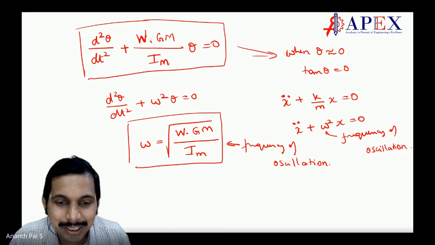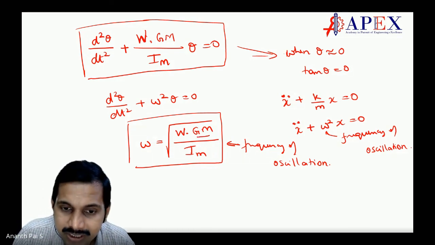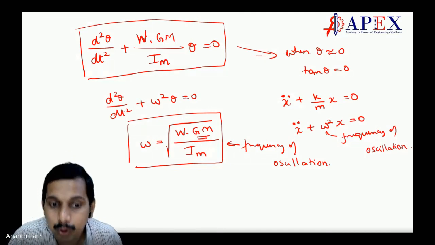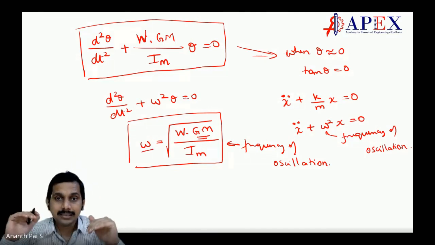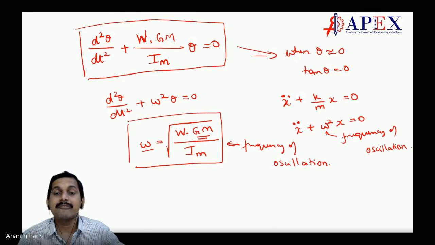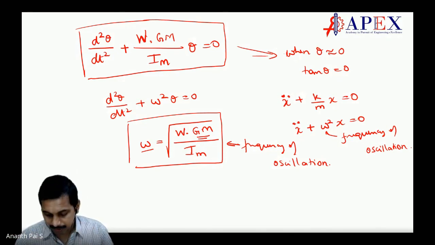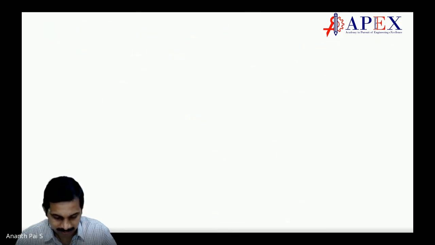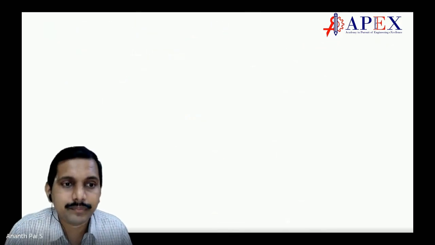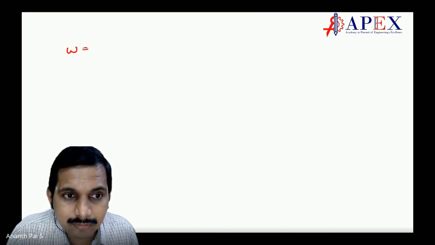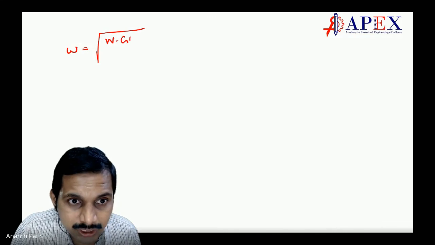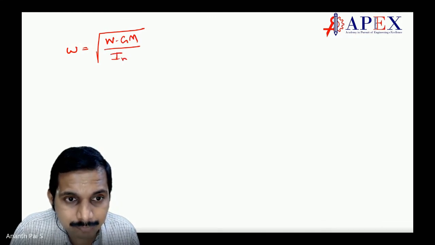The more the GM, the more the stability; the more the omega, the less the comfort. So the frequency is equal to square root of W into GM divided by IM.